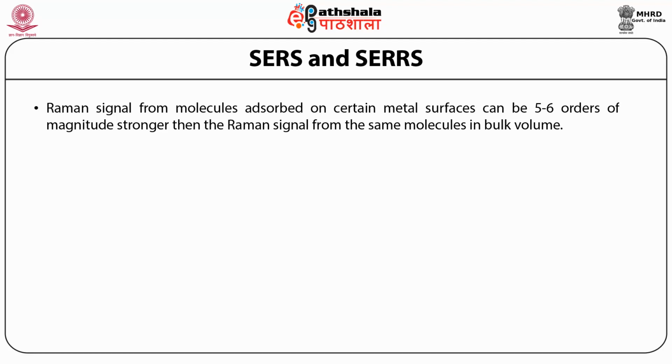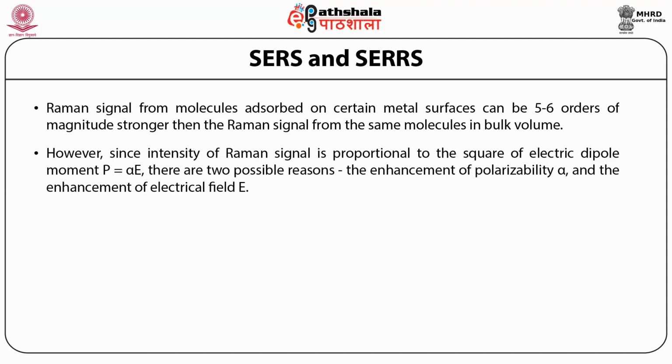The exact reason for such dramatic improvement is still under discussion. However, since intensity of Raman signal is proportional to the square of electric dipole moment, that is P equal to alpha E, there are two possible reasons: the enhancement of polarizability alpha and the enhancement of electric field E.